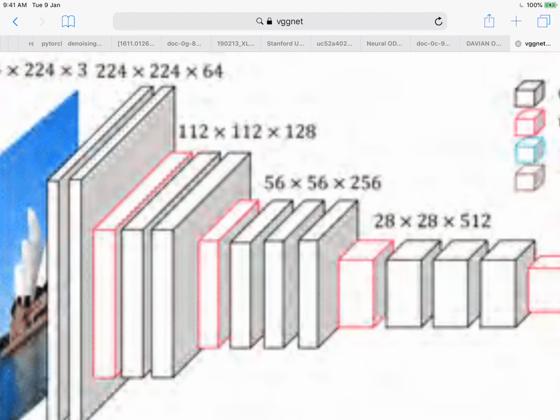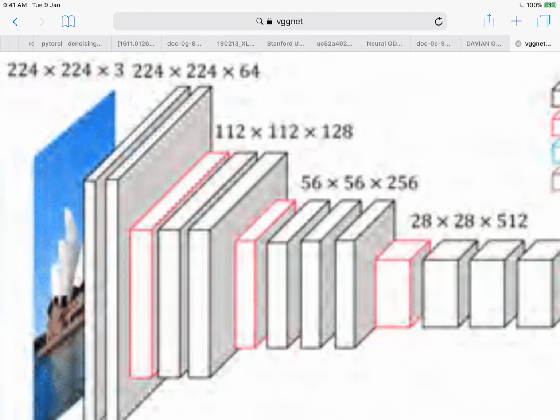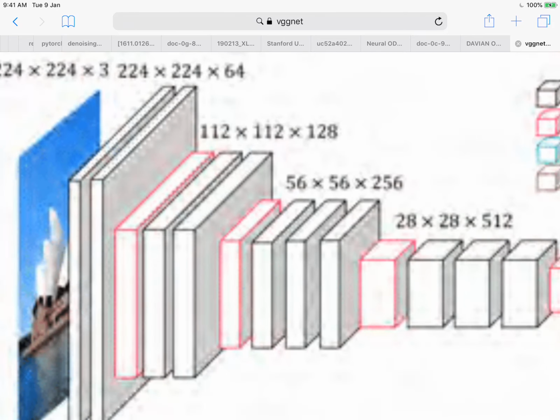Initially we have 3 channels corresponding to RGB, and a spatial resolution of 224 by 224, but once we pass through the first few layers of a given neural net, our tensor, or 3-dimensional array, has been transformed into 112 by 112, which is a 1/2 reduced version of our original image, right?